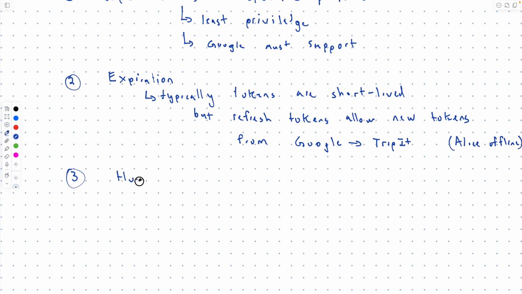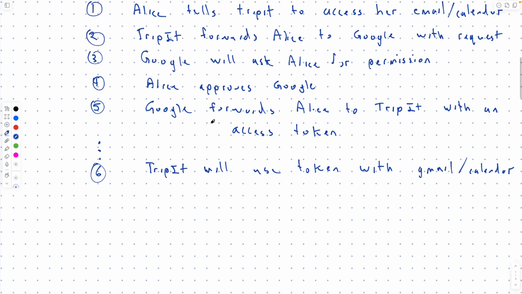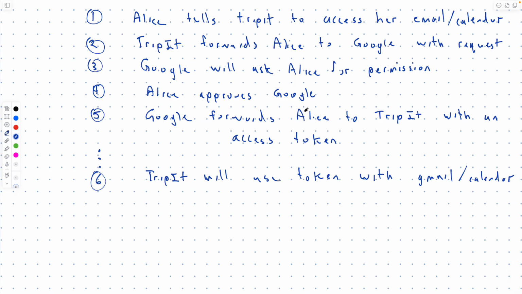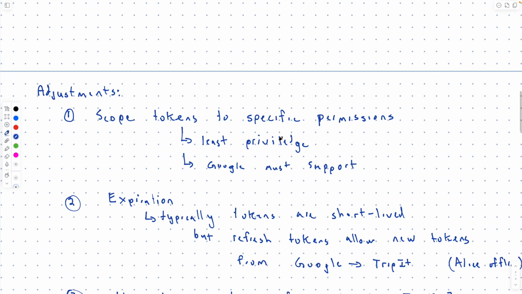Okay, now let's talk about how to pass the token from Google to TripIt. The way I wrote it is Google forwards Alice to TripIt with an access token.